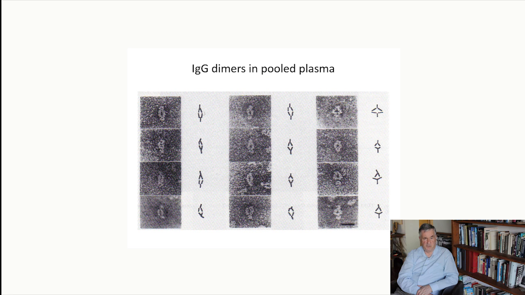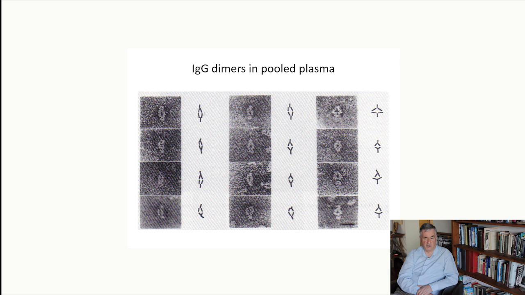If we look at the IgG that's produced by a large number of different people and pool it, we can detect in electron micrographs pairs of IgG molecules that are binding to each other. This is a picture of dimers of IgG that are present in pooled plasma.